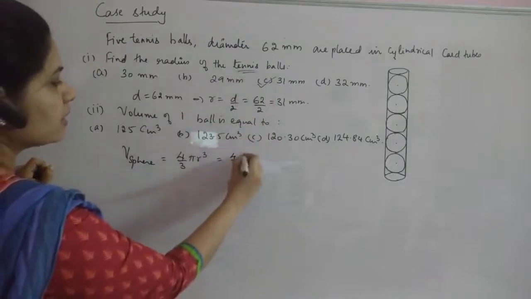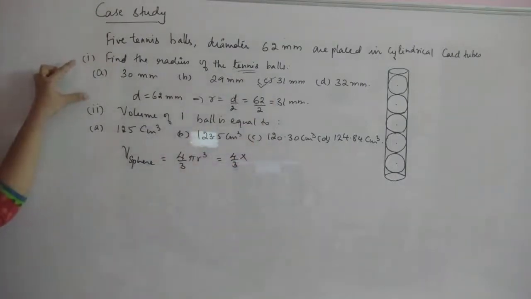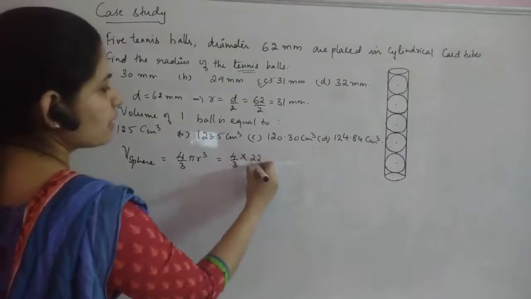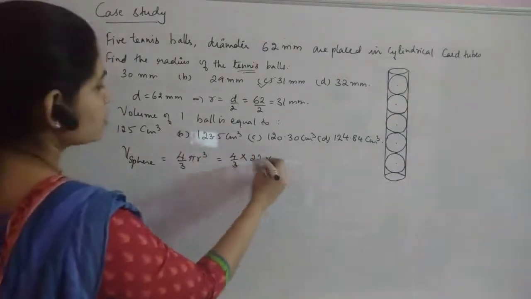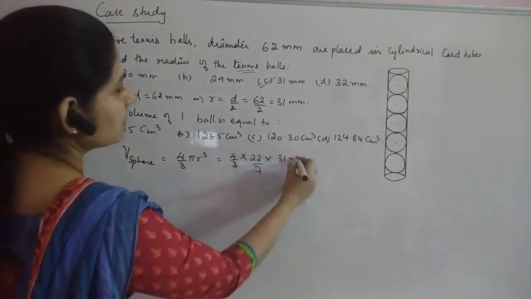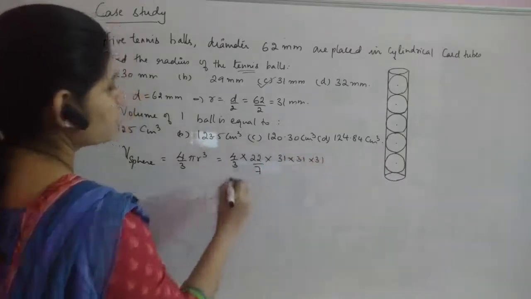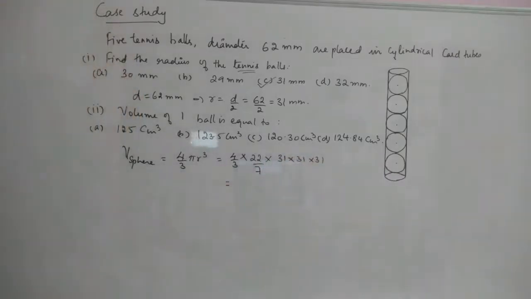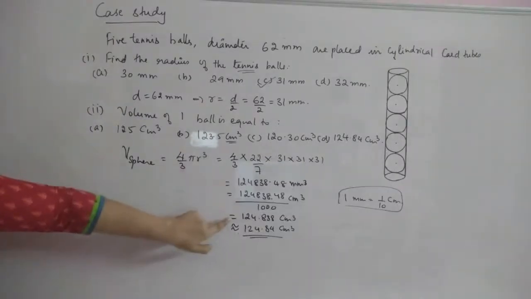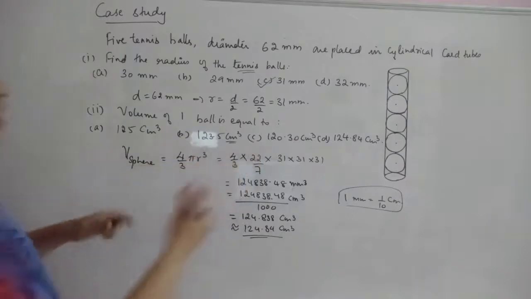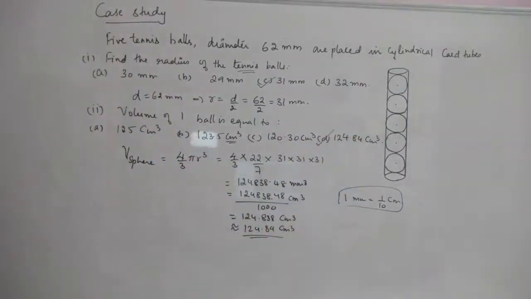If pi is not mentioned in the question, you can use 22 by 7. You have to replace r cube with 31 cube. Just calculate and tell me what you are getting. This will be the calculated value. After that, divide by 1000 and you are getting approximately the D part, right?